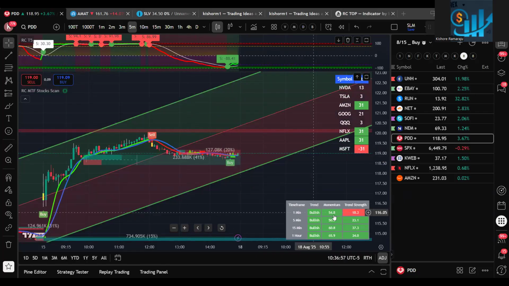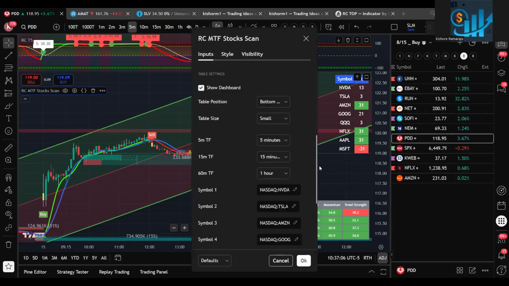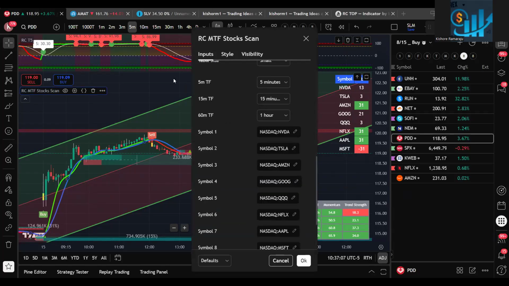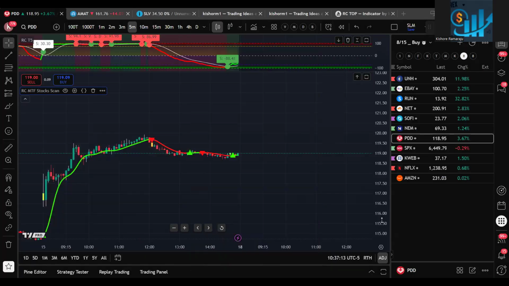Your trend is completely bullish, momentum is bullish, strength is good. And if you want, you can even check the score. Instead of NVIDIA, I can change it to PDD.